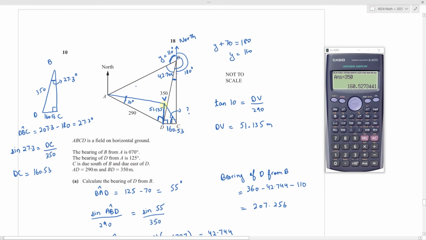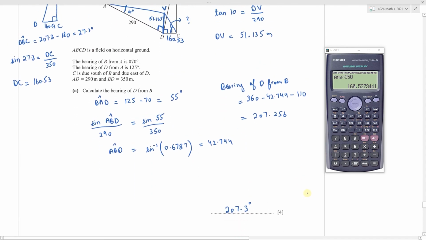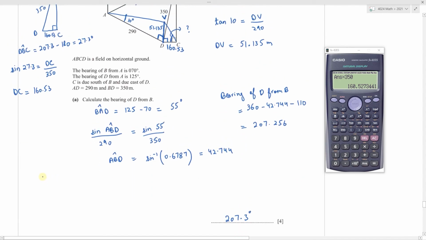Now if I look at this triangle VDC, let me redraw it here. This side is 51.135. This is the right angle. This side is 160.53.